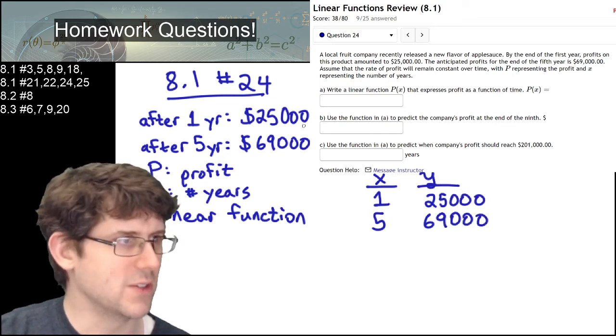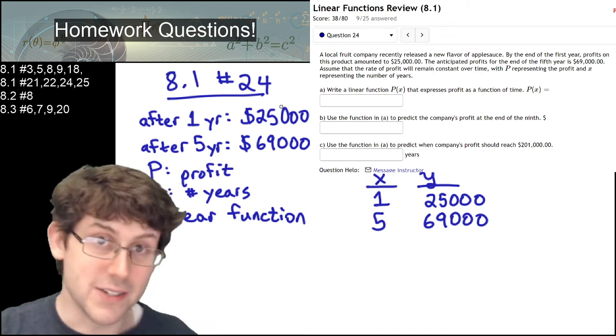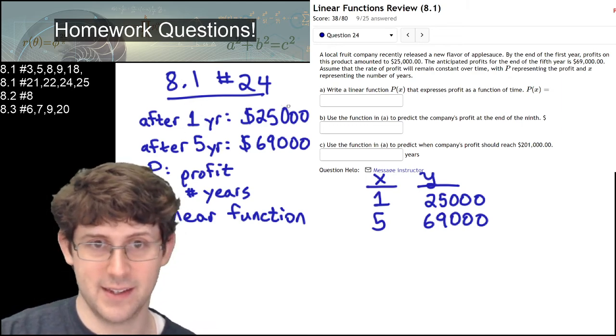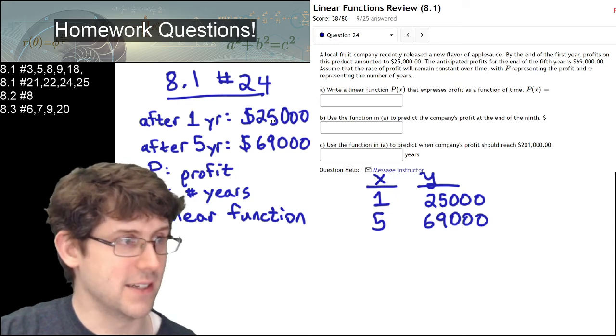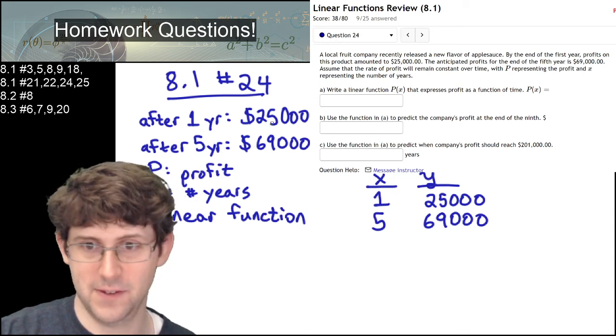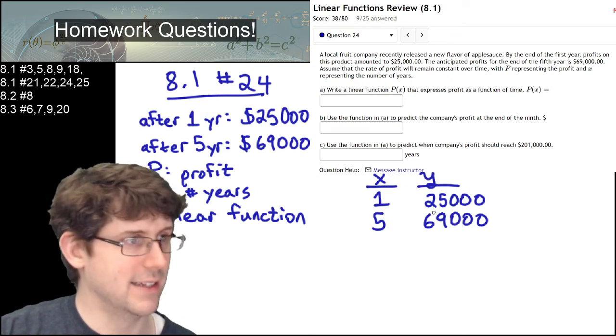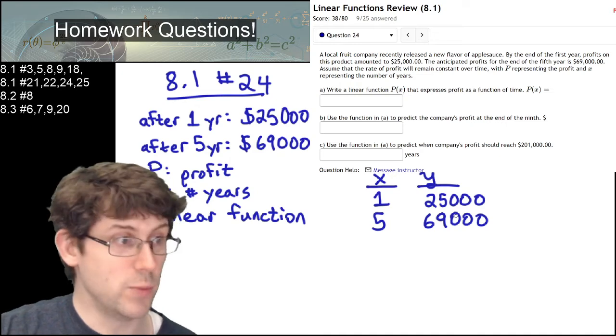It seems like the 25,000 should be the y-intercept, but it's not. After 1 year, they made $25,000. So I believe it's like this. Let's see how it goes. So this is 2 points.